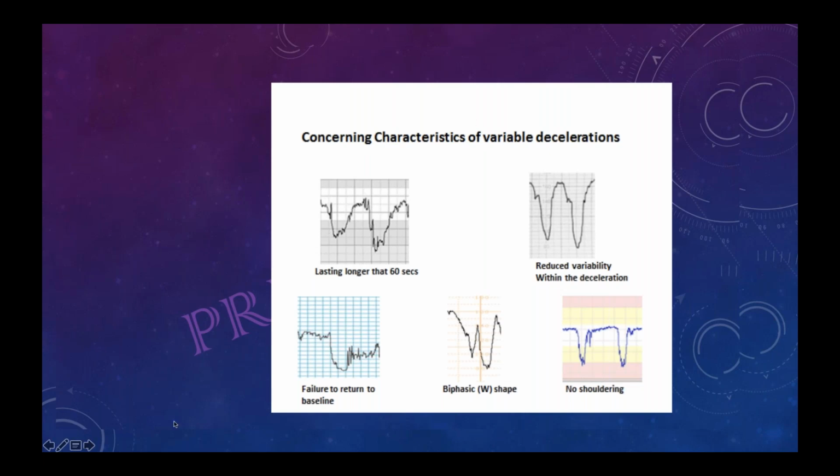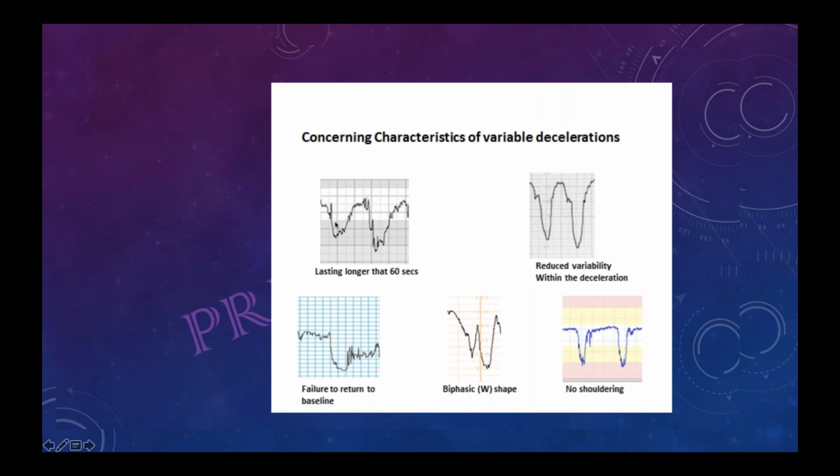Ma'am, if it is lasting more than 60 seconds, then we cannot apply that 30 seconds rule, right? With this 30 seconds we calculate from here to here, from the start to the peak.